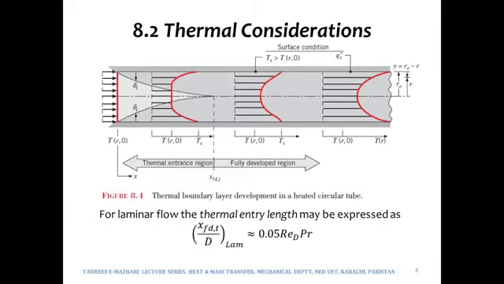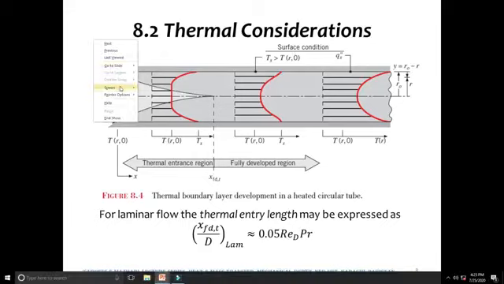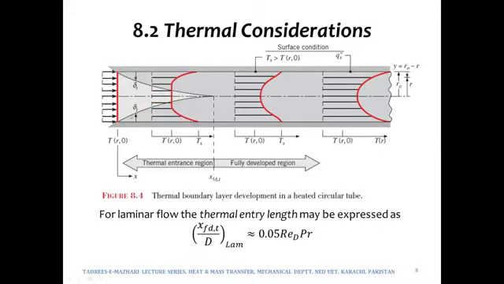Means that when the fluid comes in, now it will be the thickness of the thermal boundary layer. You can see that thermal boundary layer is growing over here, but it is not one single flat plate, rather it is a combination of infinite number of, you can say, flat plates, infinite number of points.